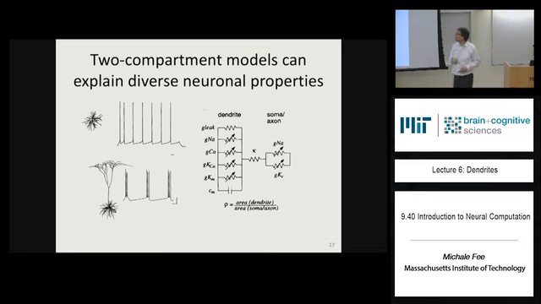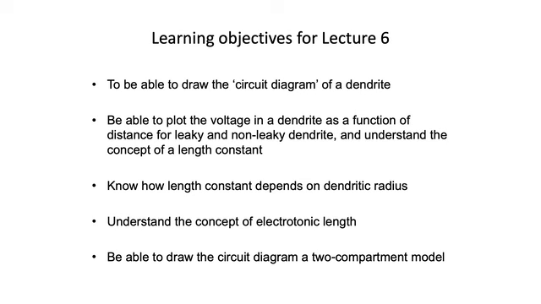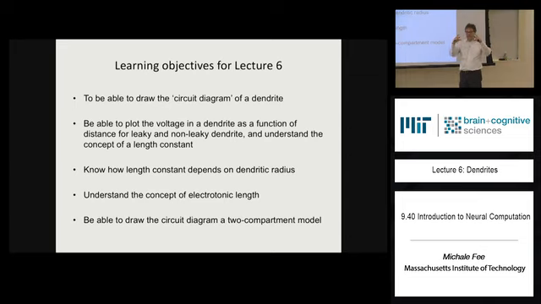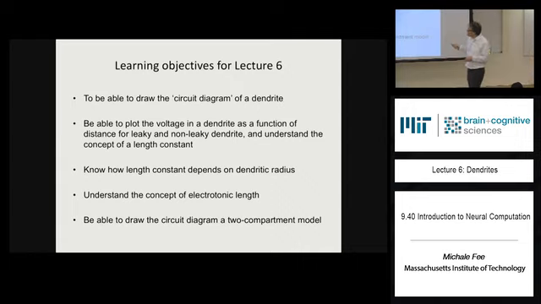Okay? Okay, so let me just remind you of what we learned about today. You should be able to draw a circuit diagram of a dendrite, just that kind of finite element picture with maybe 3 or 4 elements on it. Be able to plot the voltage in a dendrite as a function of distance in steady state for leaky and non-leaky dendrites, and understand the concept of a length constant.